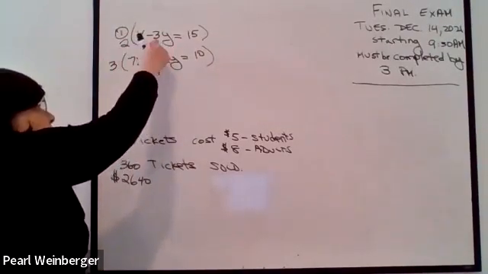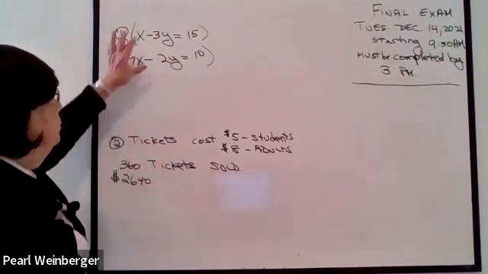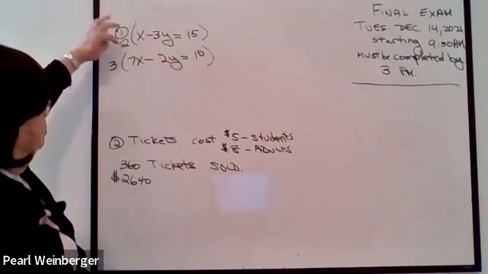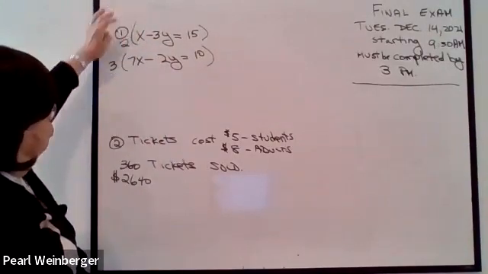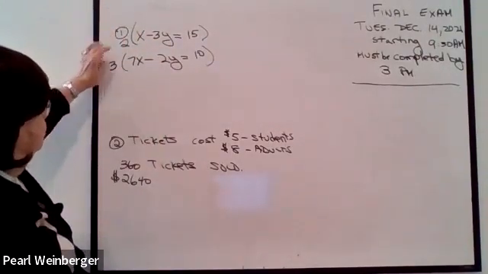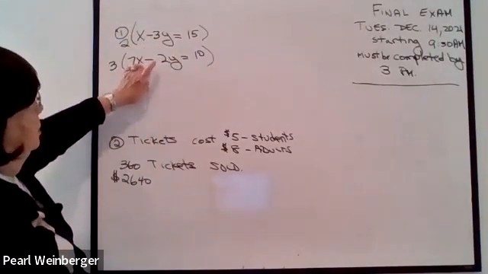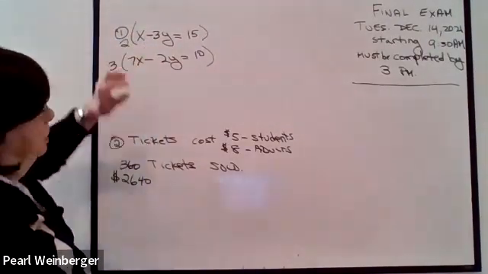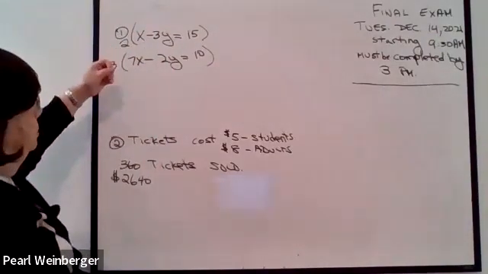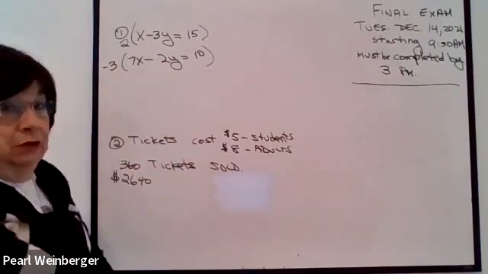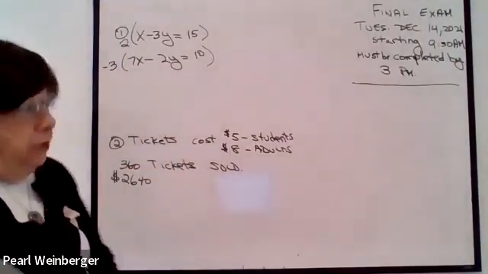I know both of these have minuses in front of them, but the first thing I look at is just the numbers. Then I think, these are both negatives, but in order to eliminate, we need one to be positive and one to be negative. So I'm going to use a negative with one of these. It doesn't matter which one.